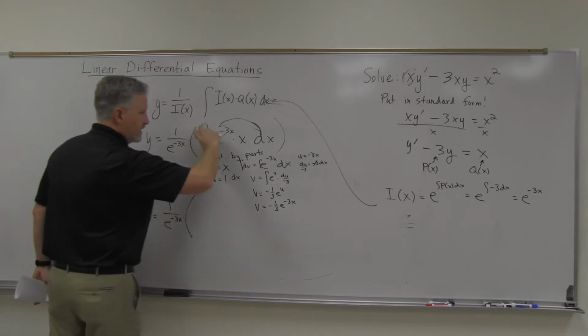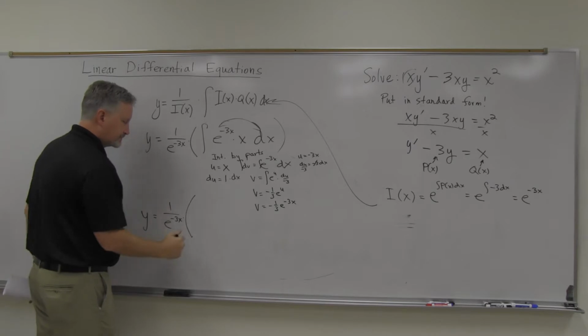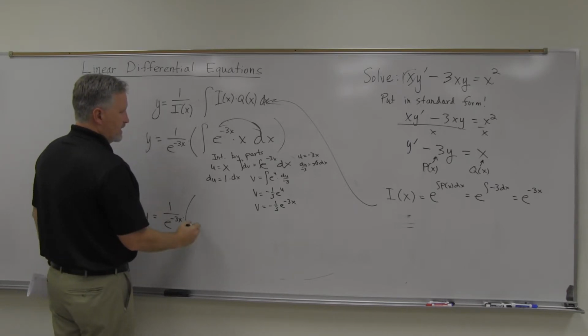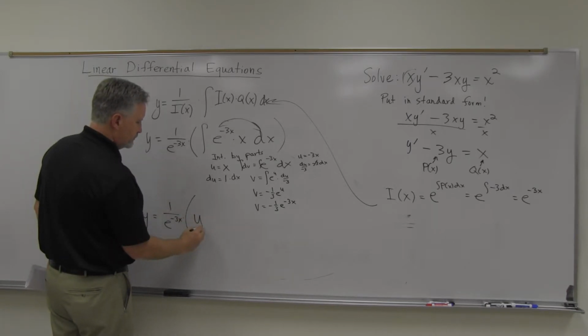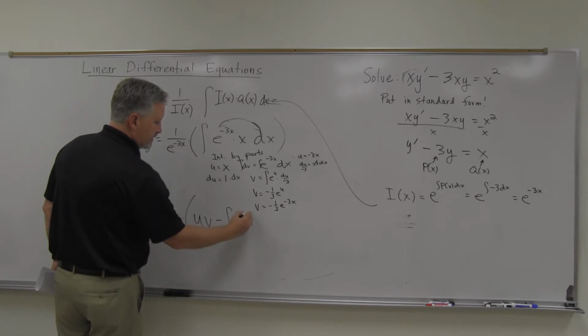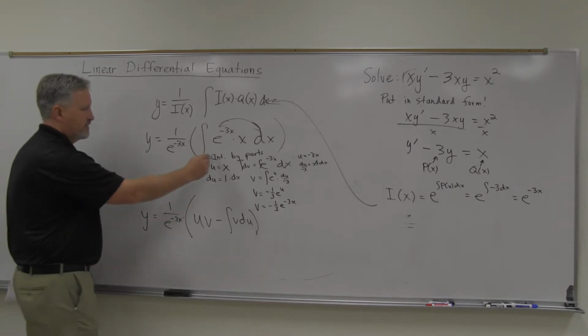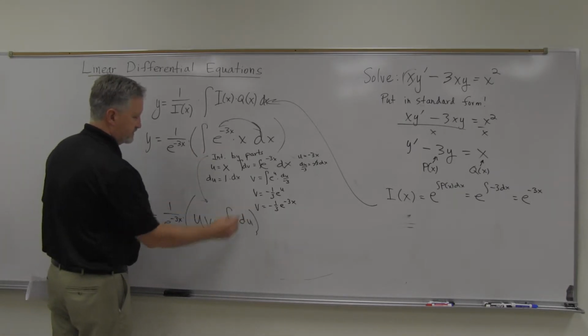All right, so we're integrating this, and we said we're going to do it by integration by parts. It's u v minus the integral of v du, just to remind us of that formula. Integration by parts is u v minus integral v du.